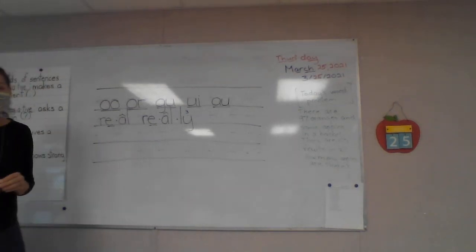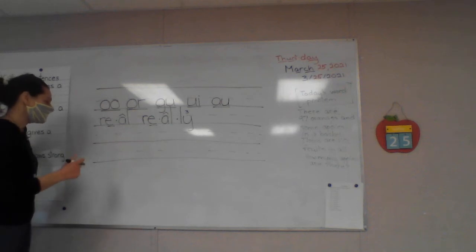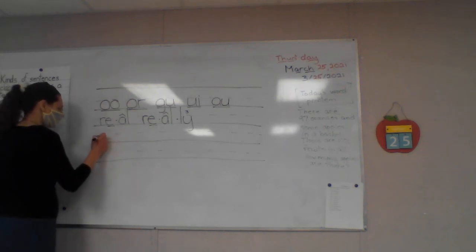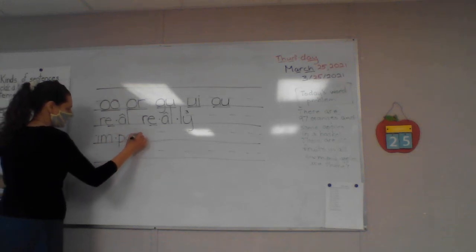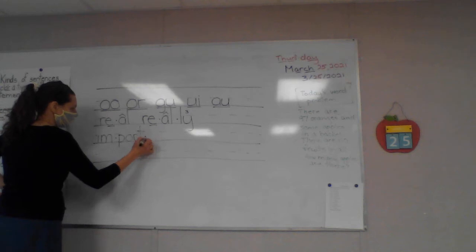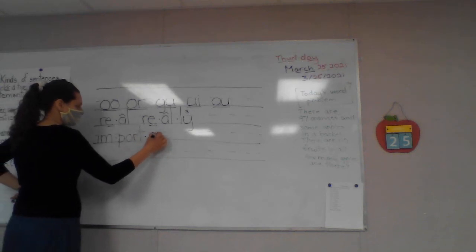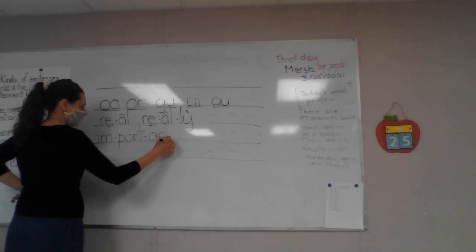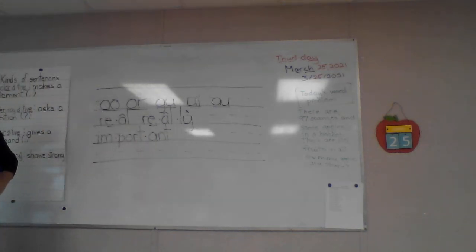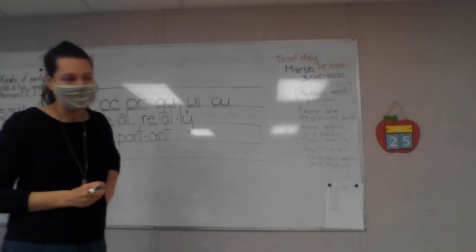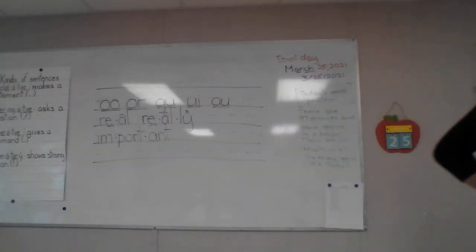All right, finger under the first phonogram in that word, class. What is it? Make sure your word looks like this. All right, if we're fixing anything, we're saying the sounds as we're fixing them.